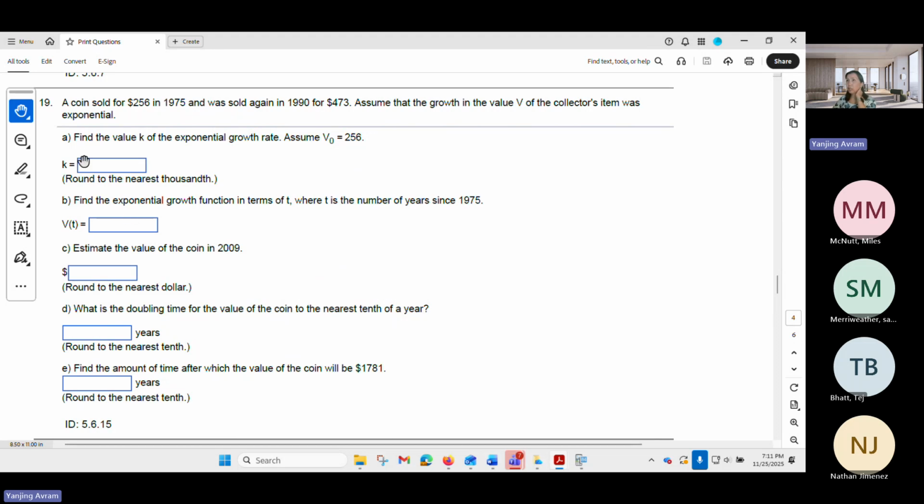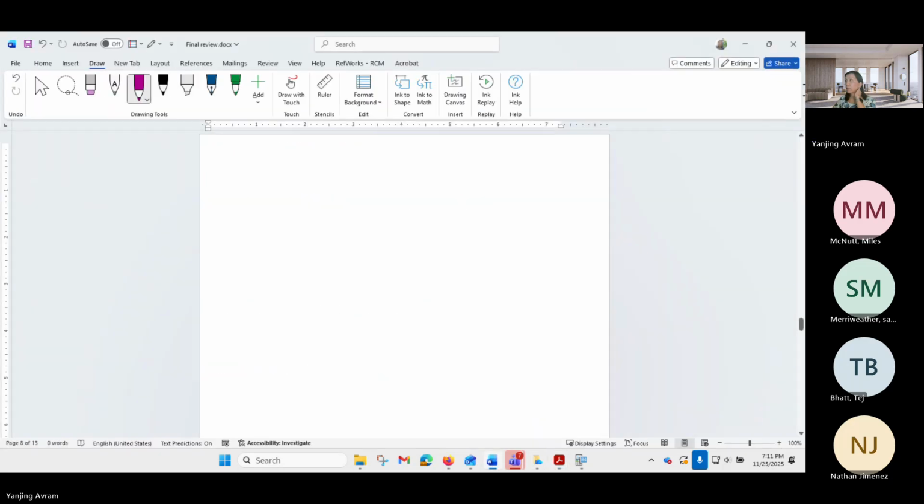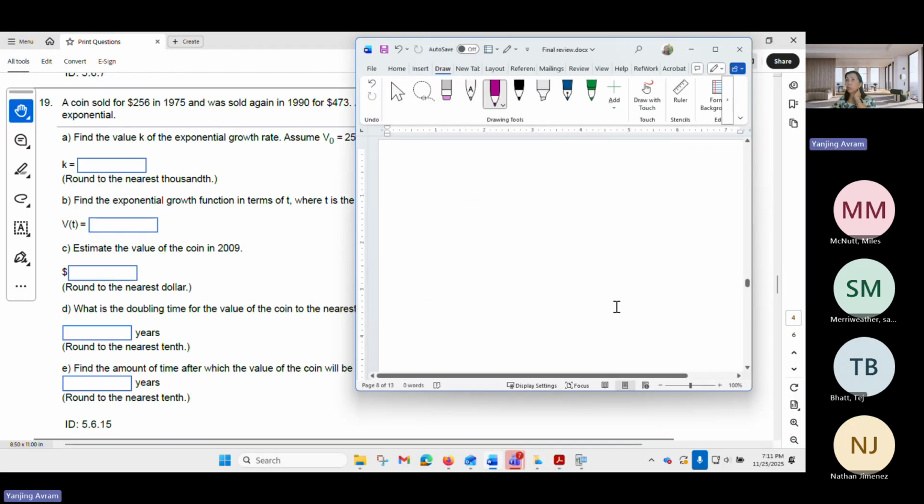We find the exponential growth rate, right? So we have number 19. We have A equal to P e to the rT. All right. So this one we're using B. B0 is 256. So when T is 0, that's the year 1975, right?